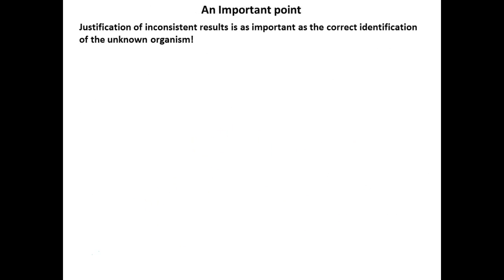So justification of inconsistent results is very important in your correct identification of your unknown. I didn't grade you based on whether you actually got the one you were given, like the right answer, I guess you could say. But the fact that what you picked actually matched up with the chart. And if you had some inconsistencies, that you justified them.